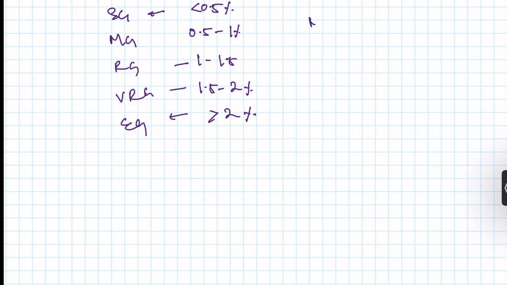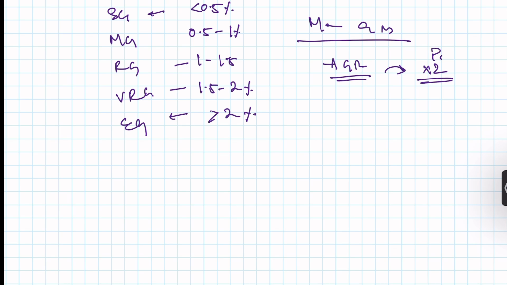Then coming to the Malthusian growth model. We will see, according to the annual growth rate, in how many years the population will double. If the annual growth rate is 1%, then the population will double in 70 years. If it is 2%, then it is 35 years.